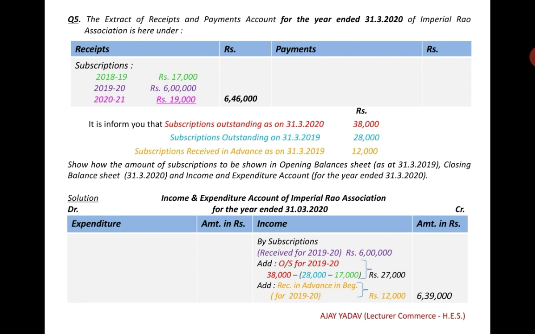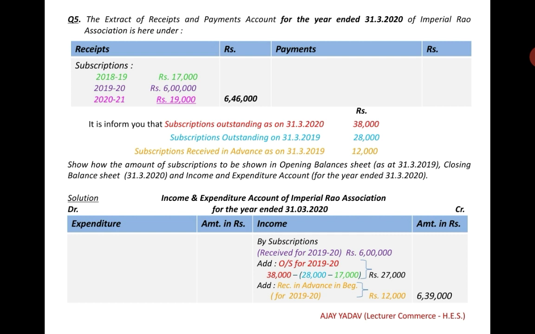So we will prepare the income and expenditure account of Imperial Law Association for the year ended 31st March 2020. On the income side, we will show the amount 6,39,000. It comes as follows: we know that the total amount received for the year is rupees 6,46,000.